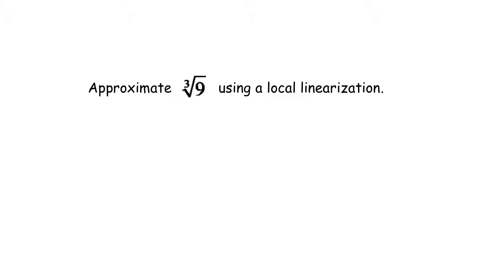So here's an example of something that you'll have to do in your homework, and it's just a clever use of this same idea. Let's say that I wanted to know what the cube root of 9 is. Well, I'm going to do a local linearization, and so that means I need a couple of things. I need to determine what my f of x is going to be, and I need to figure out what my a is going to be.